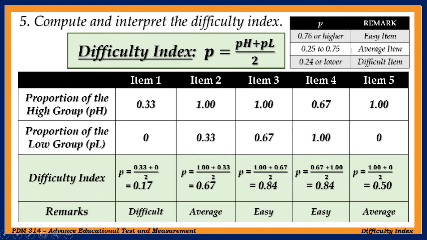Item number 3, 1 plus 0.67 all over 2 is equal to 0.84, interpreted as an easy item. Item number 4, 0.67 plus 1 all over 2 equals 0.84, which is also an easy item. For item number 5, 1 plus 0 all over 2 equals 0.5, which is an average item.